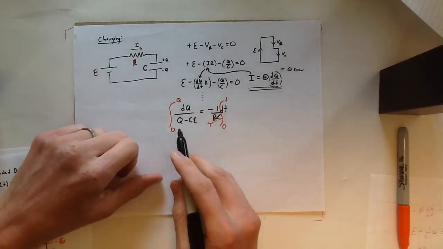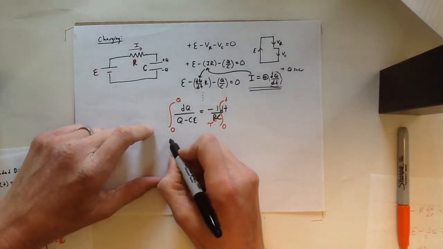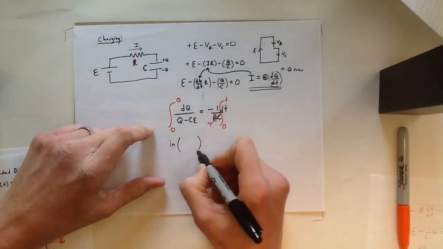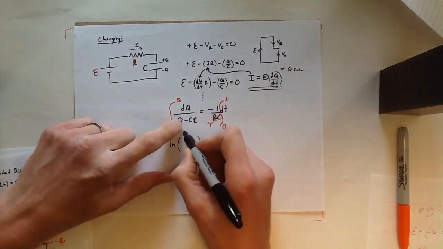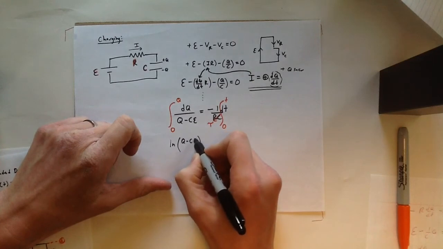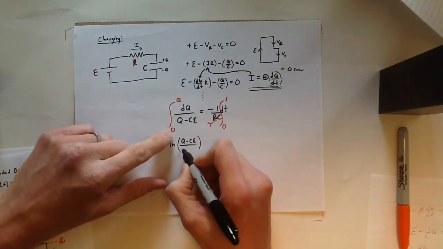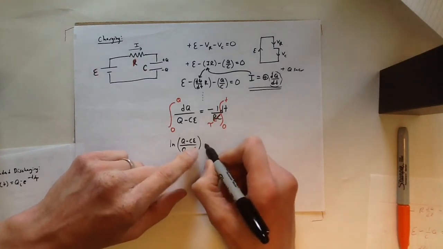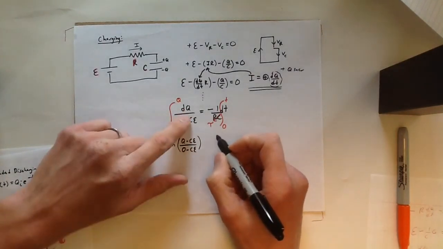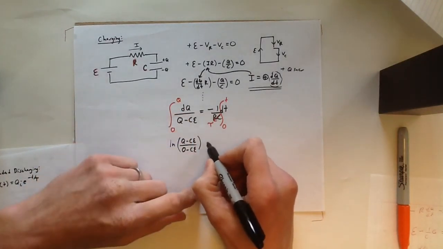And so when you do that, you get natural log. This is a natural log. You evaluate it at the top bound, Q minus that stuff, and then evaluate it here, so that's 0, minus that same stuff. You can do a u substitution here if you don't see that. It's pretty simple.